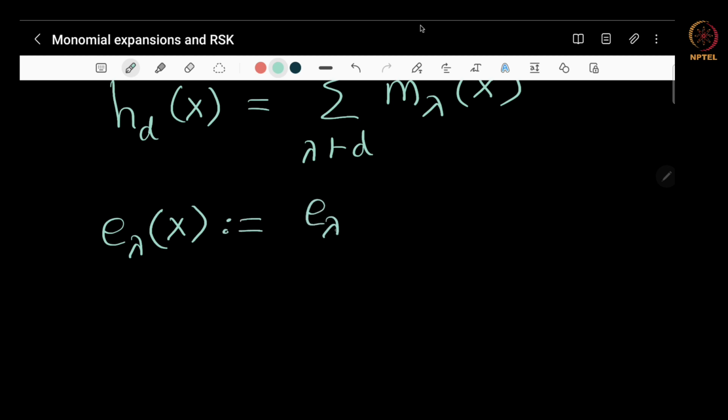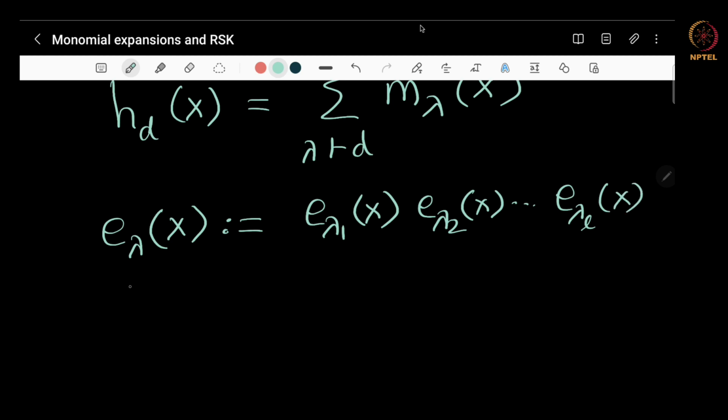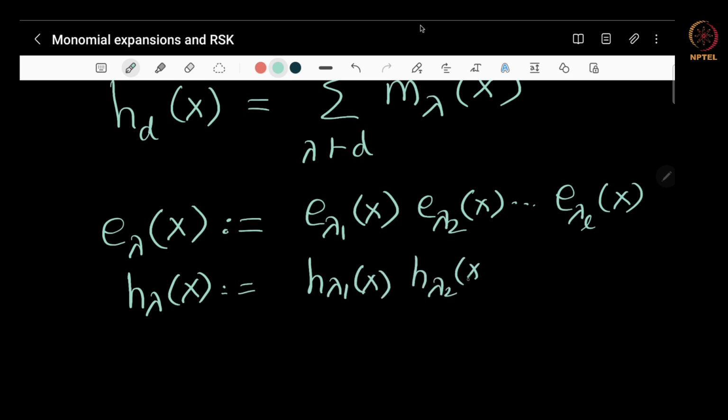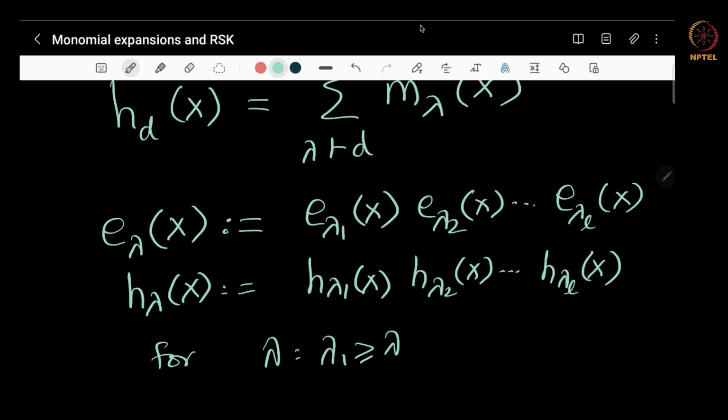Well, it's just the product e_{lambda 1}, e_{lambda 2}, up to e_{lambda L}. Similarly h_lambda of x, where lambda is some partition with L parts.